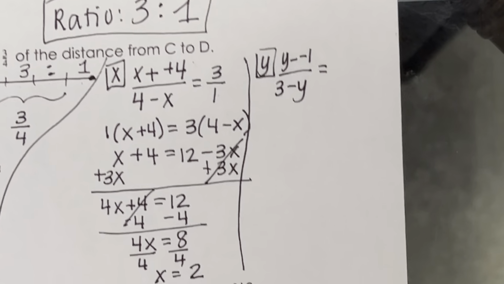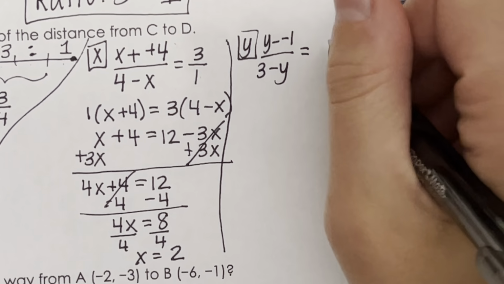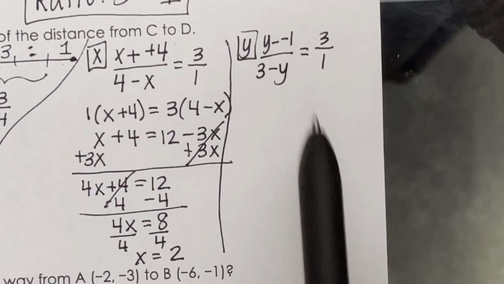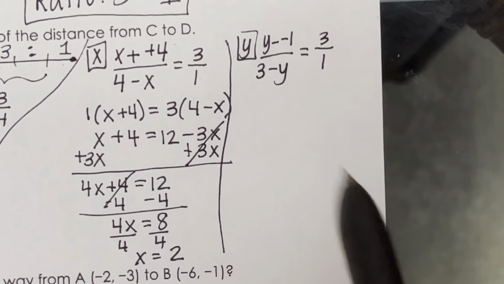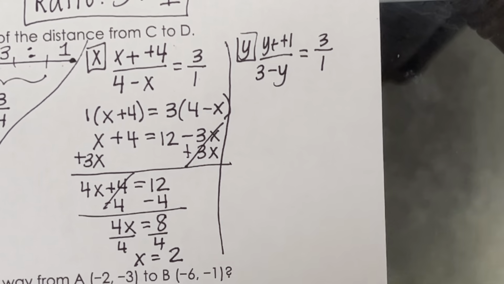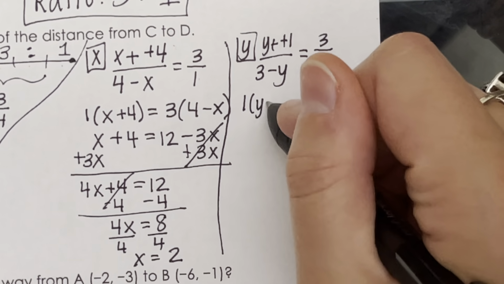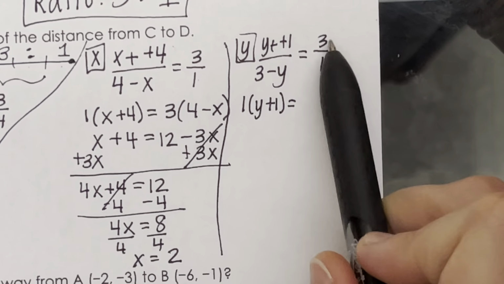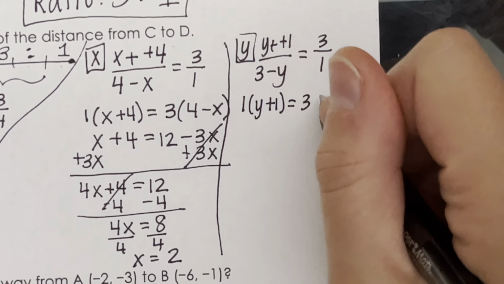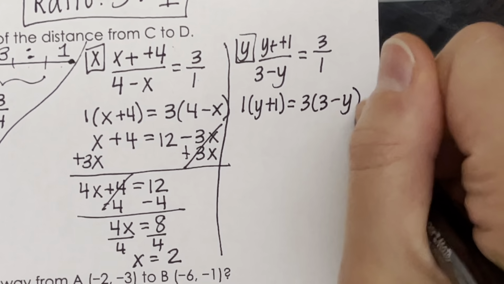I keep it the same. It's 3 over 1. Okay, I'm going to cross multiply. First thing, minus a negative becomes plus. I do 1 times y plus 1 equals 3 times 3 minus y.